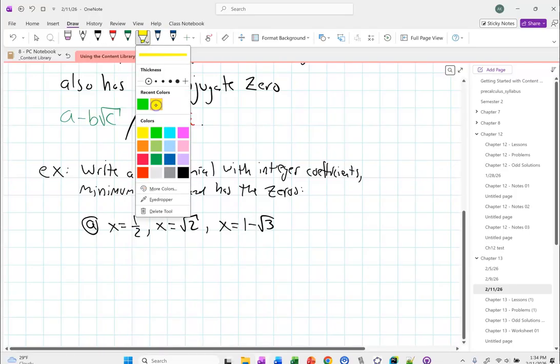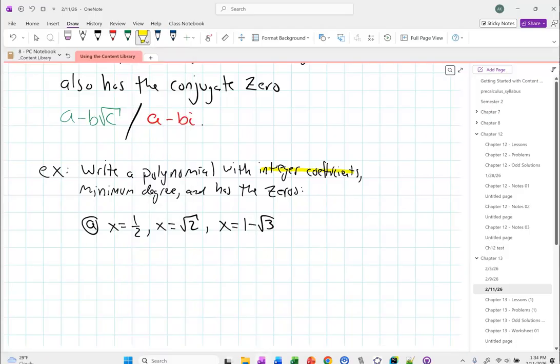So if I want to make sure I have integer coefficients, I need to follow the irrational conjugates theorem because I have irrational pieces here. So I know, since I have the irrational zero square root of 2, I also have the conjugate to it. What will the conjugate to square root of 2 be?